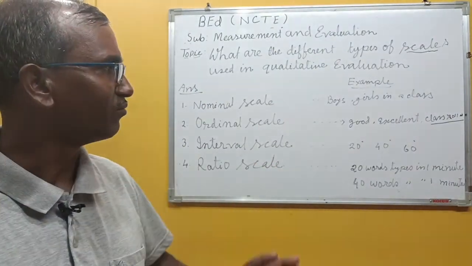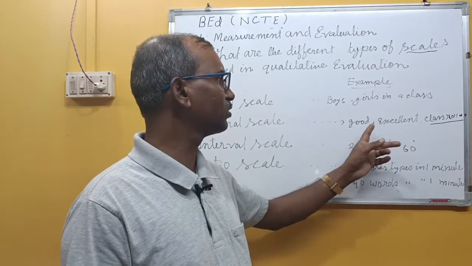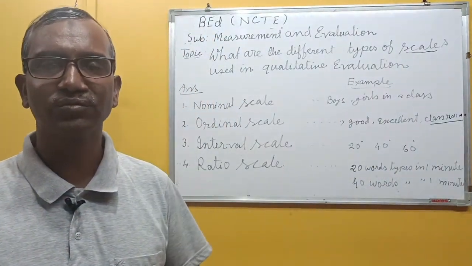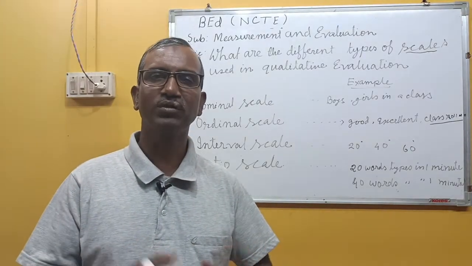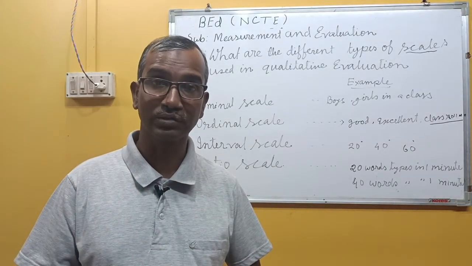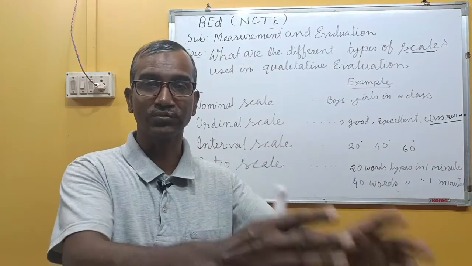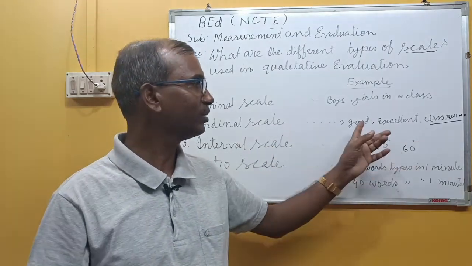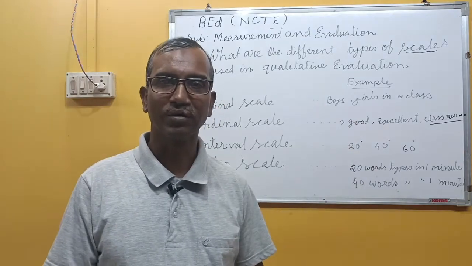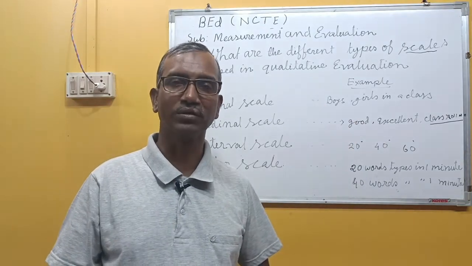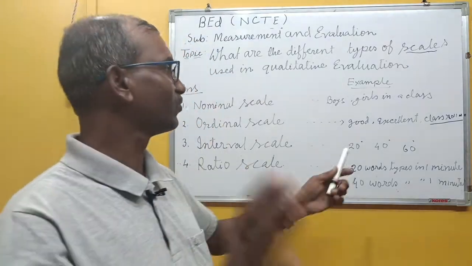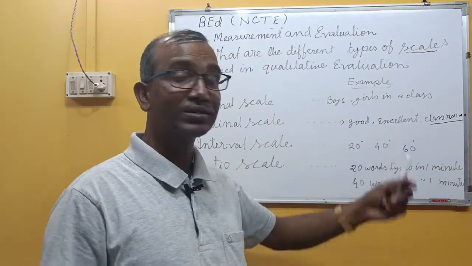In school or in number. At the same time, sometimes we say good and excellent. That is also a kind of evaluation from where we can understand this group of students is excellent. That means they are better than the good students. Now, we do not know how much better excellent means.